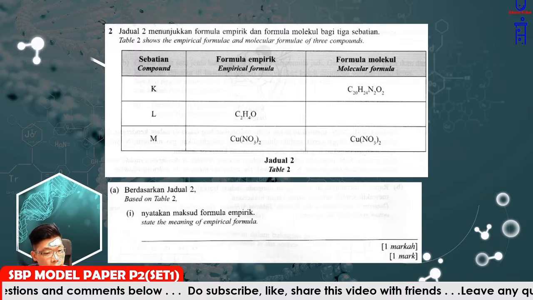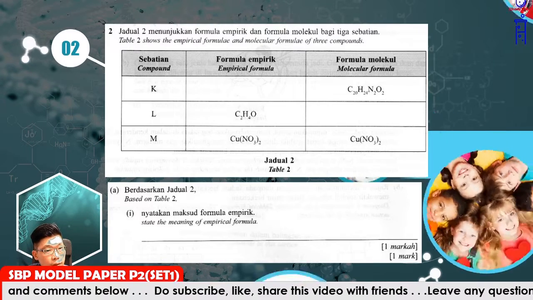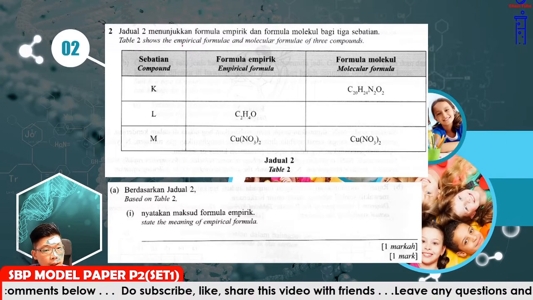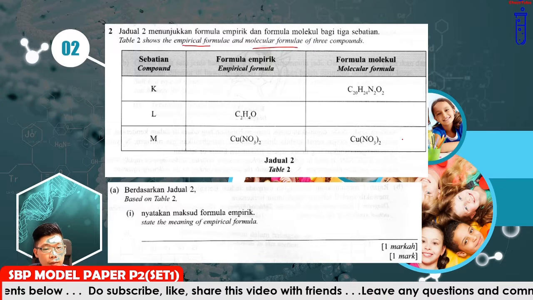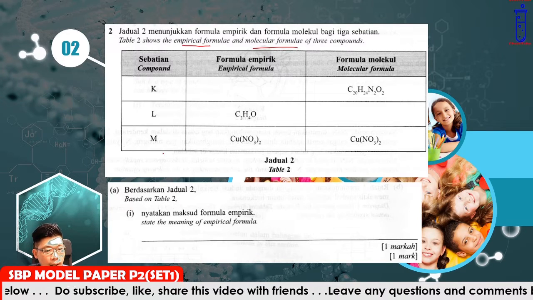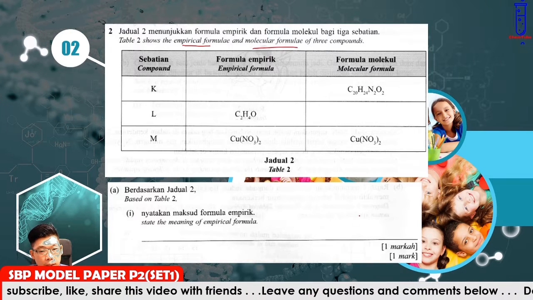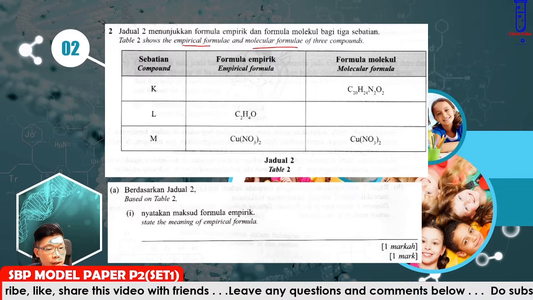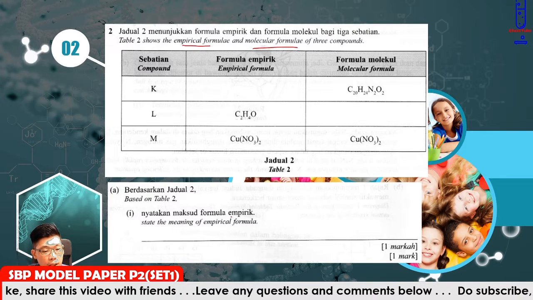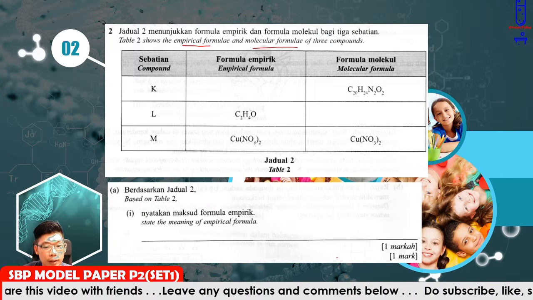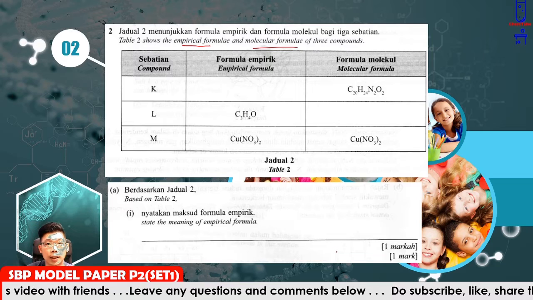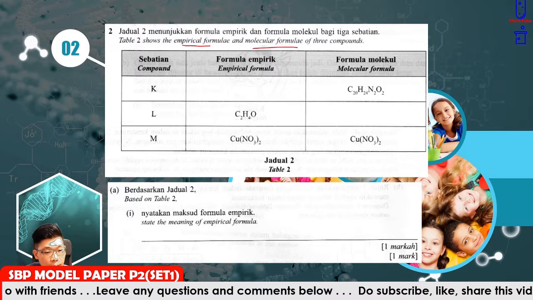Question number 2. Given to you are the empirical formula and the molecular formula of 3 compounds here, K, L, and N. First, state the meaning of empirical formula. What are the keywords when you define the empirical formula?